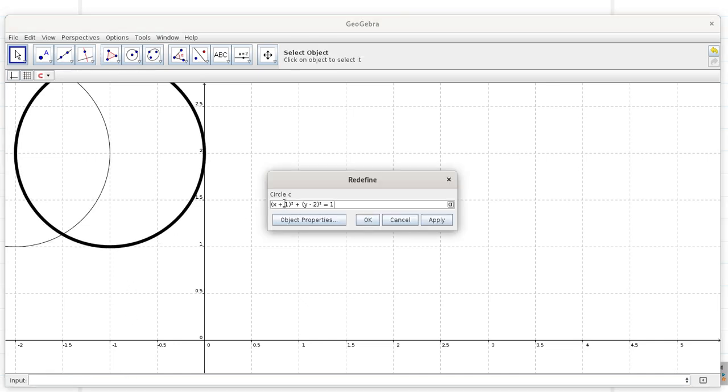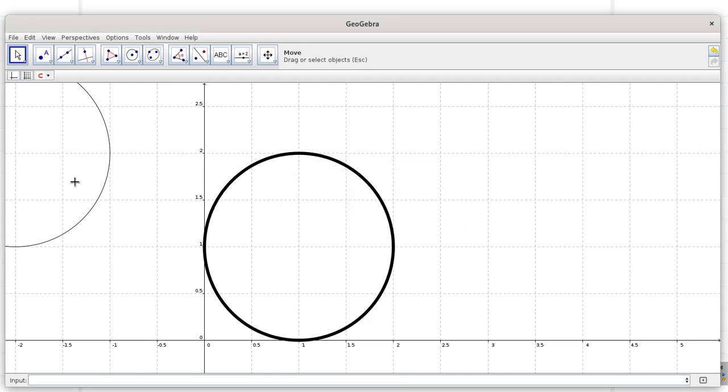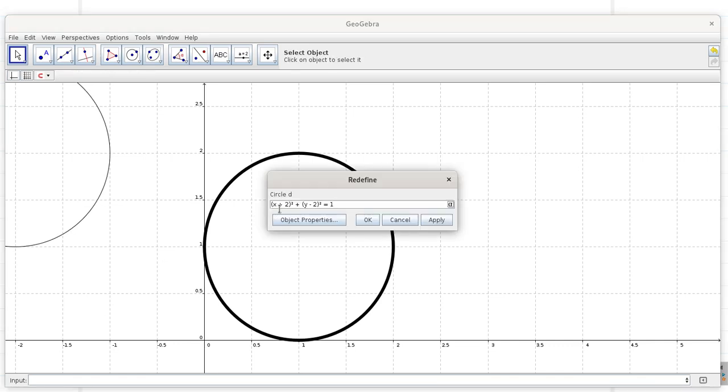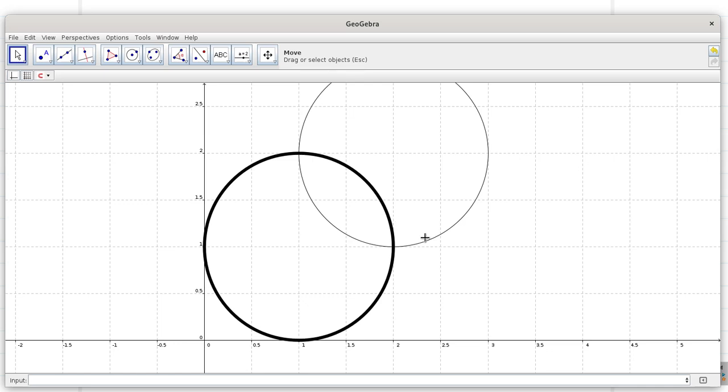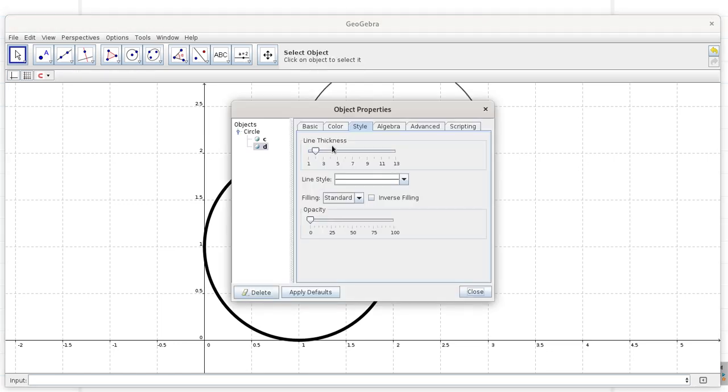I'm going to make some adjustment here. The equation we're given contains minus, so let's not mix it up. (x minus 1) squared, you have that. And then make this one (x minus 2) squared plus (y minus 2) squared. And you have it right there, right? Another circle.